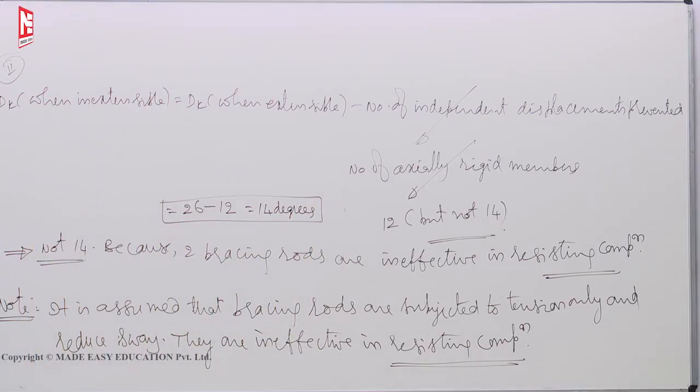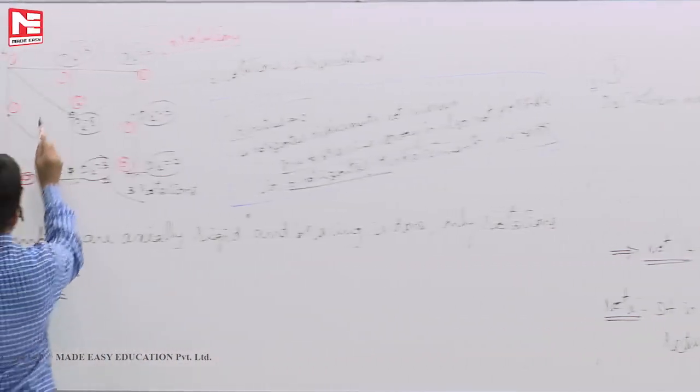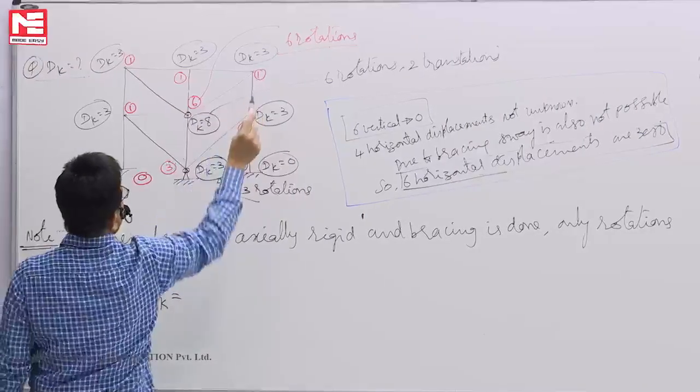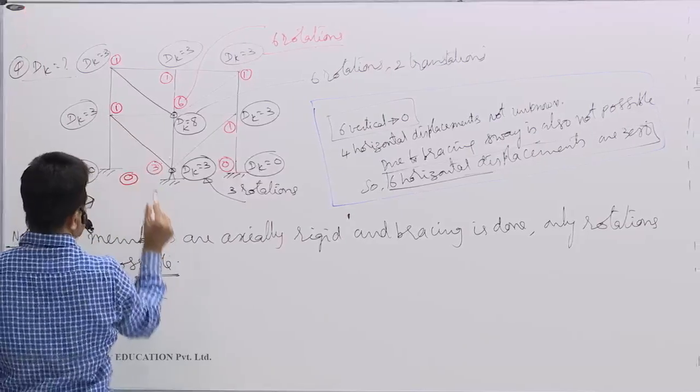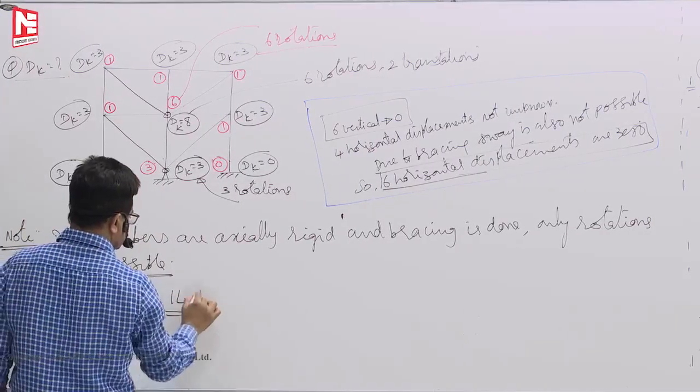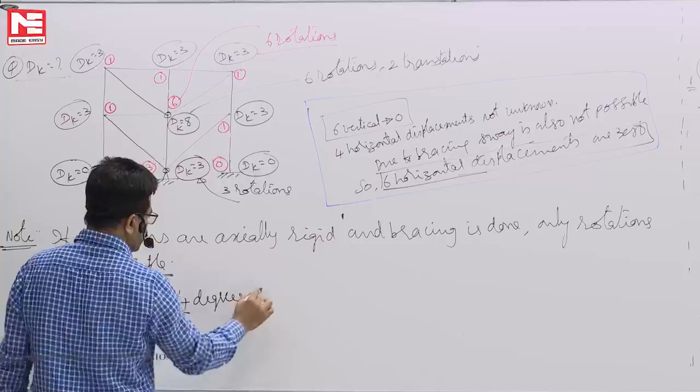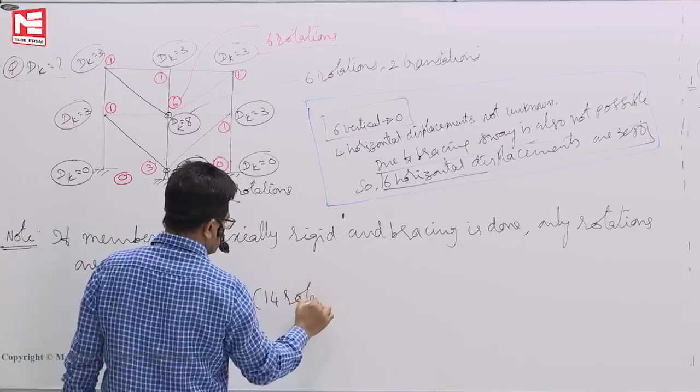That 14 you will get here also. See, count now: 1 plus 1, 2, 3, 4, 6 plus 4, 10, 10 plus 1, 11 plus 3, 14. 14 degrees means 14 rotations.